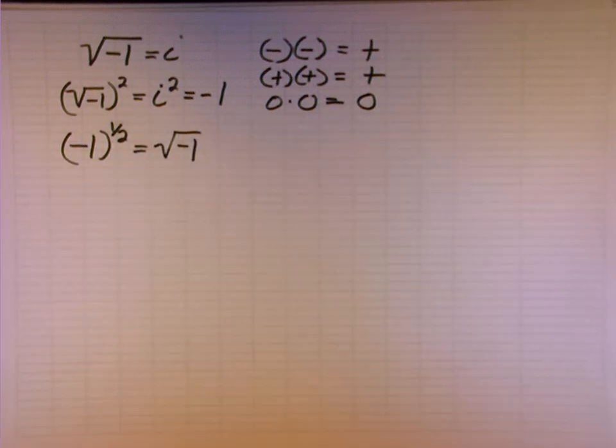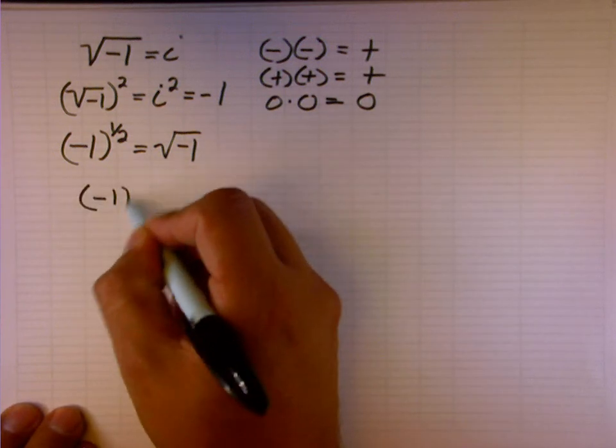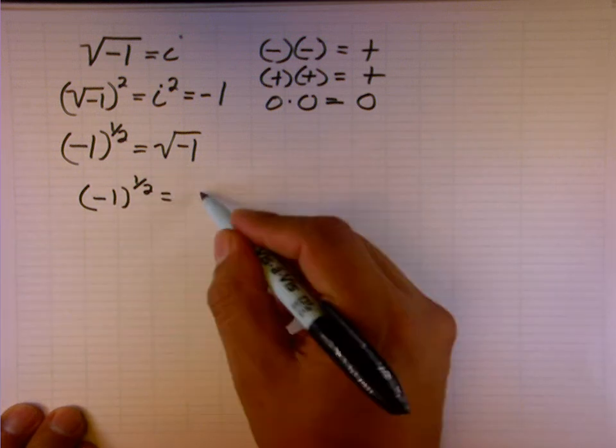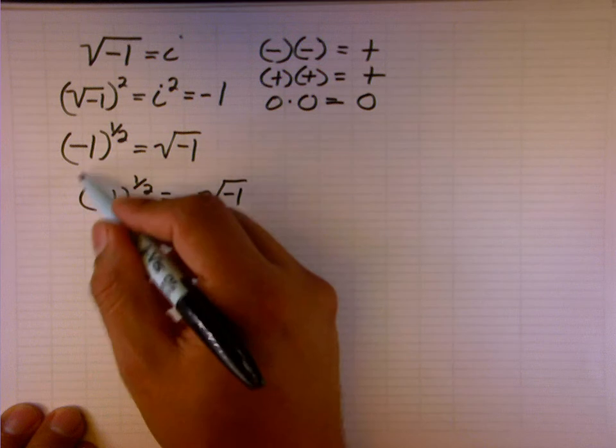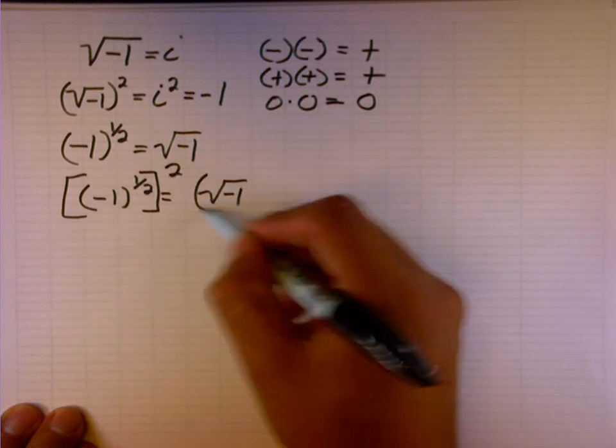One is written with a radical symbol, one is written with a rational exponent. So if I square these, let's take a look at -1 to the 1/2, which is really the square root of -1, and take both sides and square it.